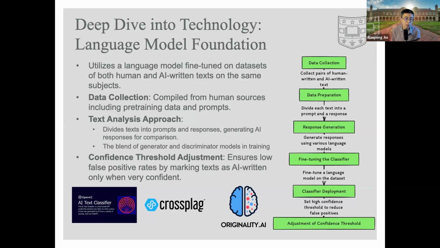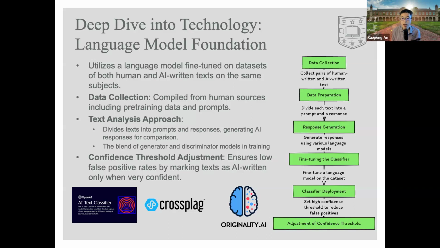For example, the OpenAI text classifier, CrossPlag, and Originality AI all adopted a language model perspective. They train their unique large language models to classify AI-written text and human-written text.